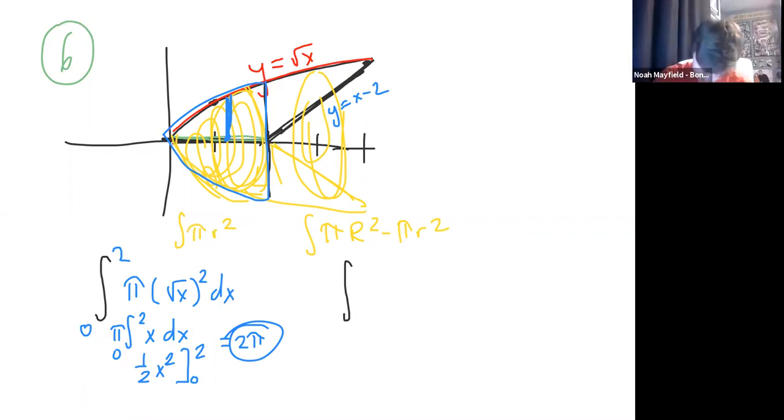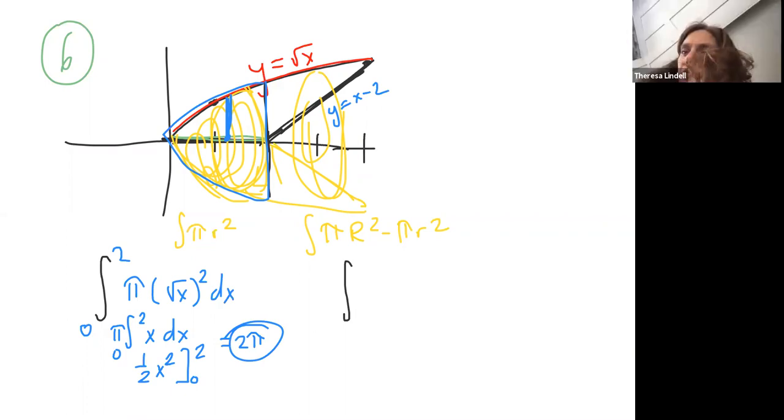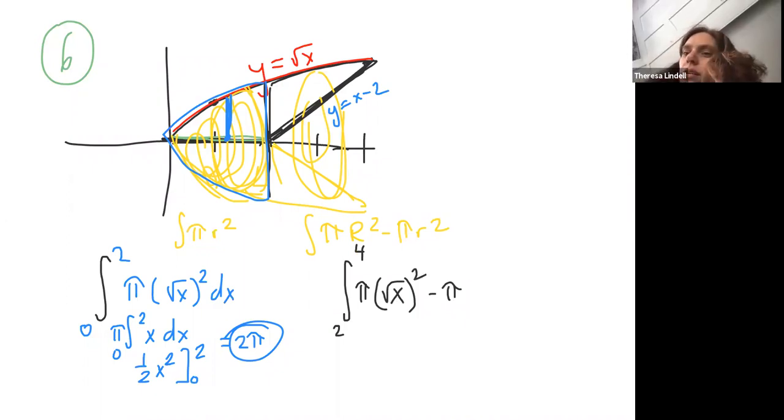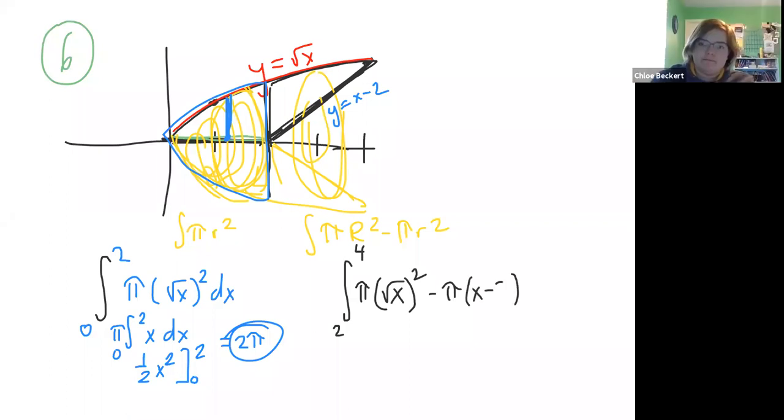Yeah. So we got the first part. Now the second part. The bounds are from 2 to 4, right? So we're going out to here. What's the first radius? What's the big radius? Square root x. Yeah, still square root x again, so that's nice. And then what's the second radius? X minus 2. Nice.